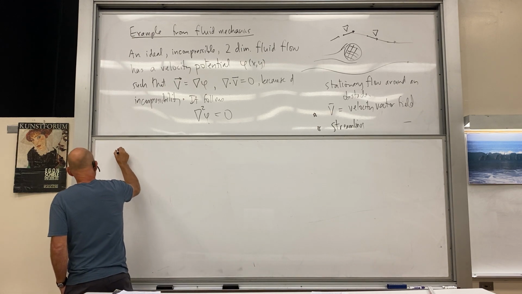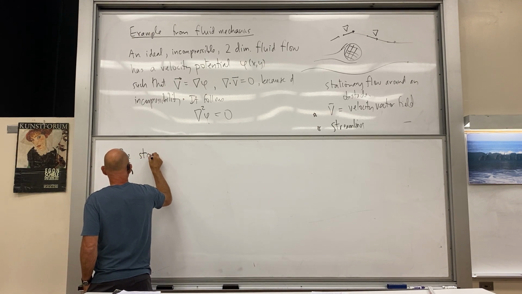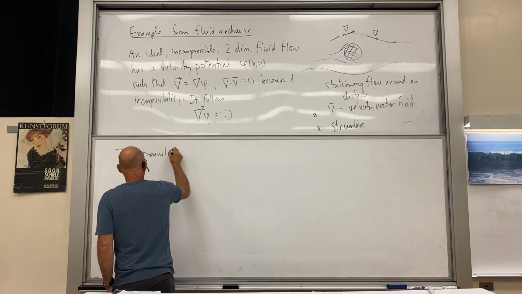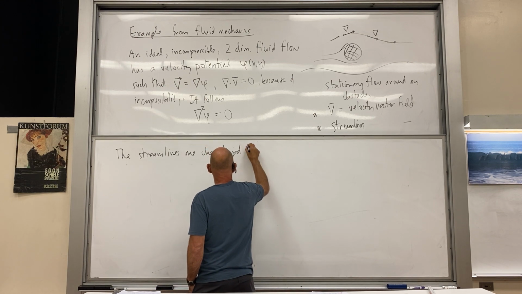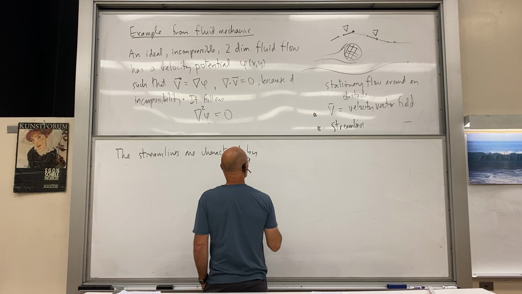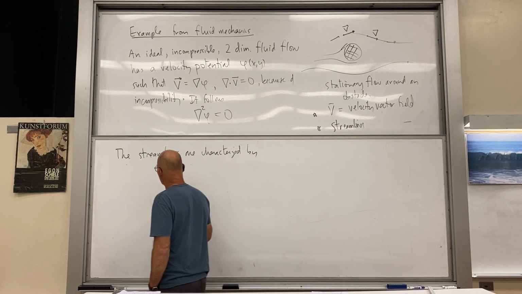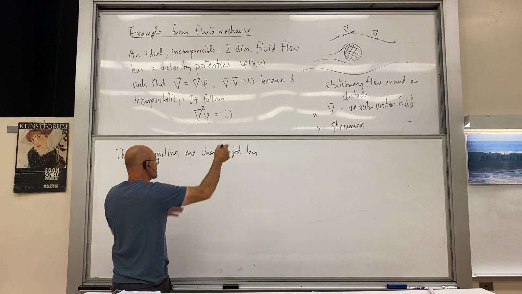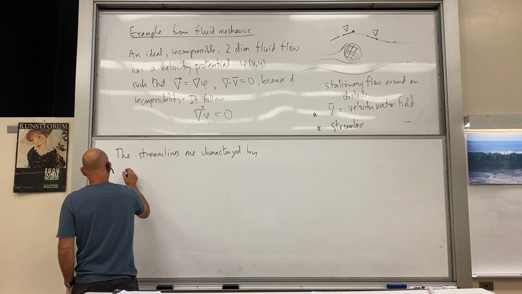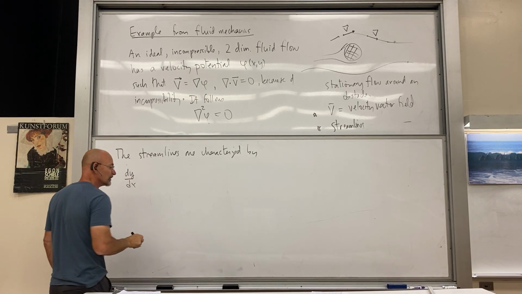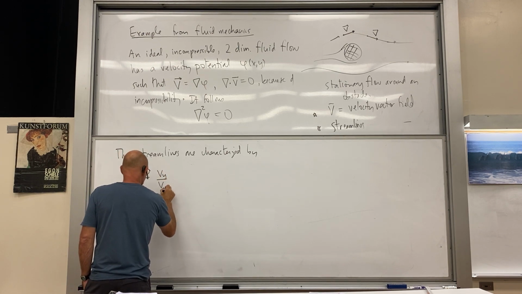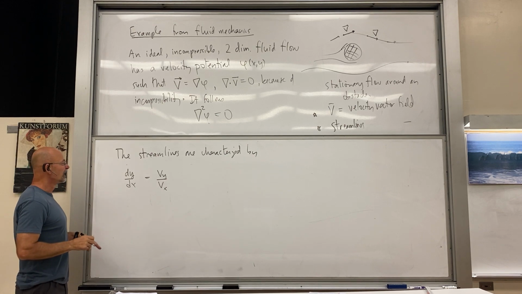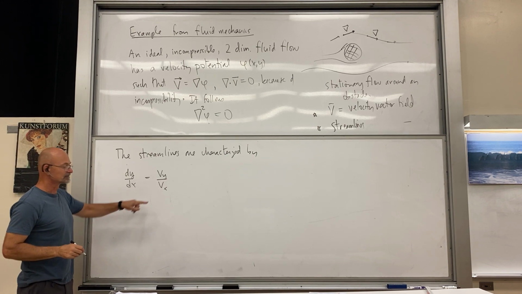And the streamlines are characterized by, in fact, you just put that in an XY plane, and since the vector is tangent to the streamline, we can say dy dx, the slope of a streamline, is equal to v sub y divided by v sub x, the two components of that vector. Right?